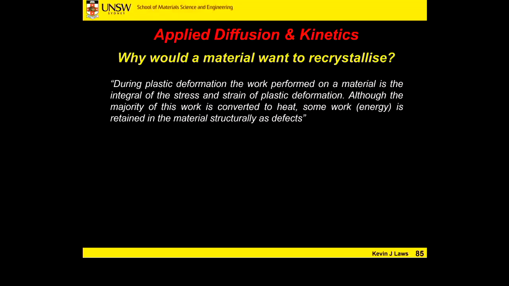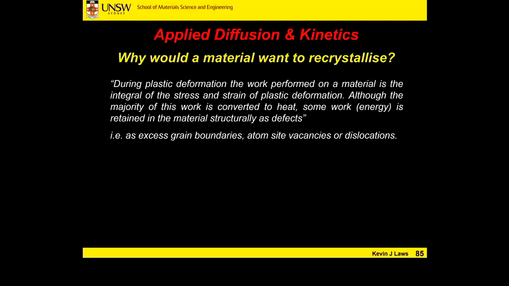Once we have extra grain boundaries, there's also energy associated with those extra grain boundaries. So, for example, excess grain boundaries, atom site vacancies or dislocations. These are the three key types of defects that we're instilling in our materials when we're deforming them. All of these structural defects are increasing the structural energy of our material.